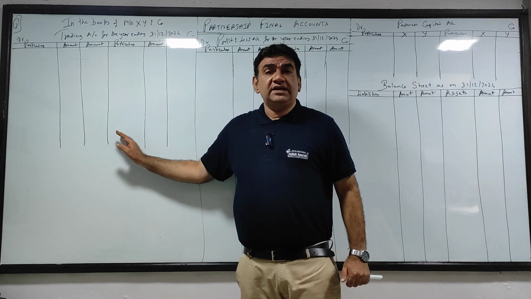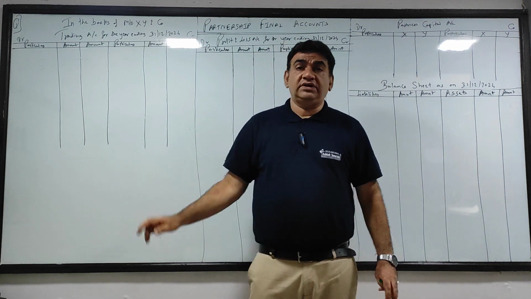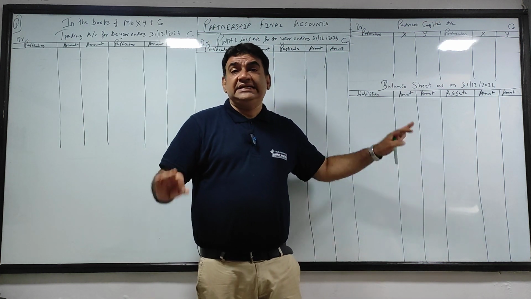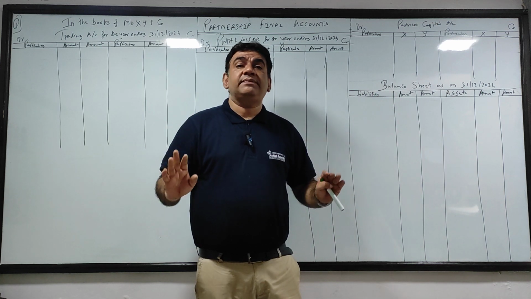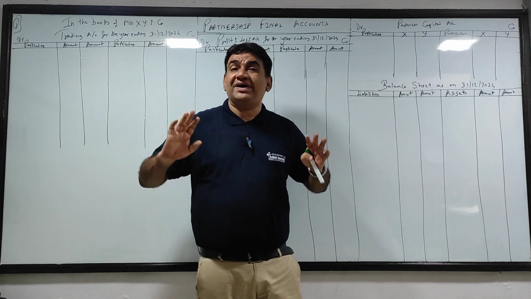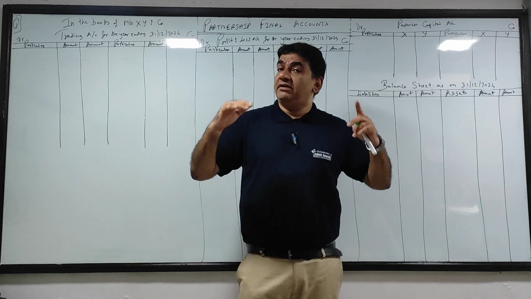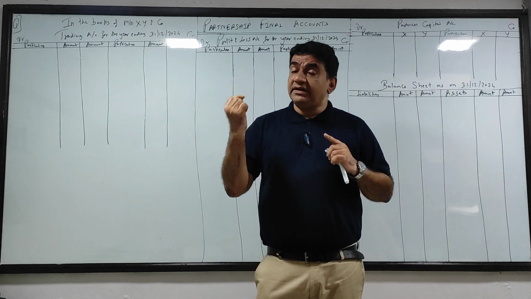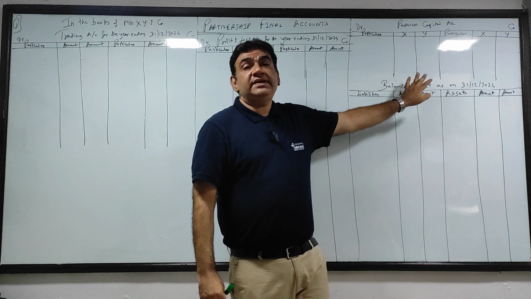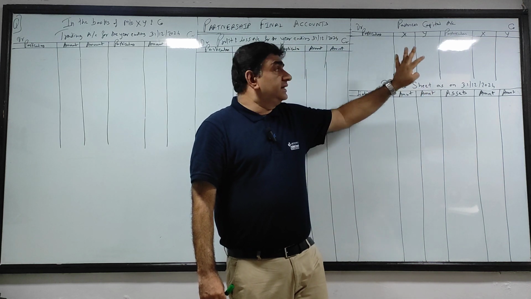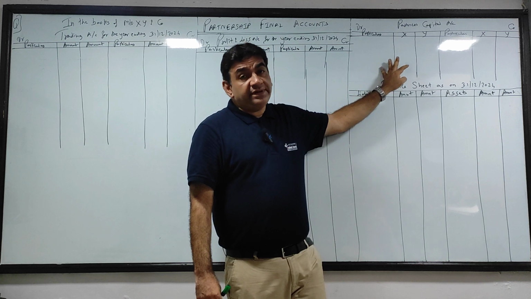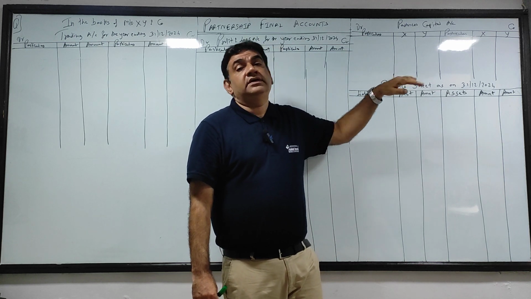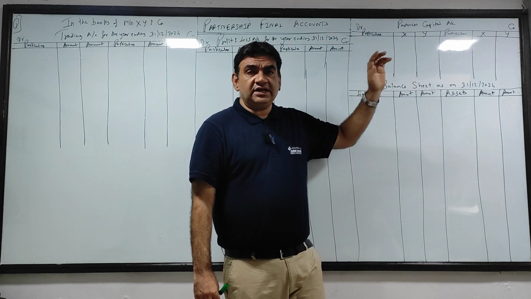We used to prepare trading account, profit and loss account, and balance sheet. The same three things you will be preparing in each and every sum of SYJC also, but because SYJC is based on partnership firm, there will be an additional account, that is partners capital account or current account. What is current account?